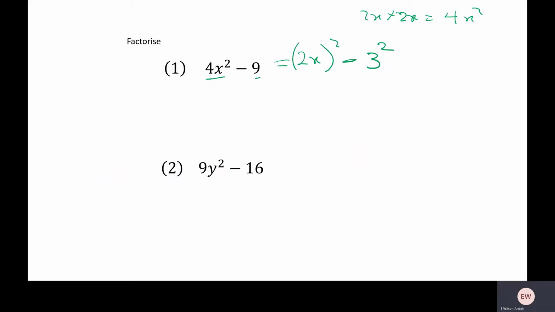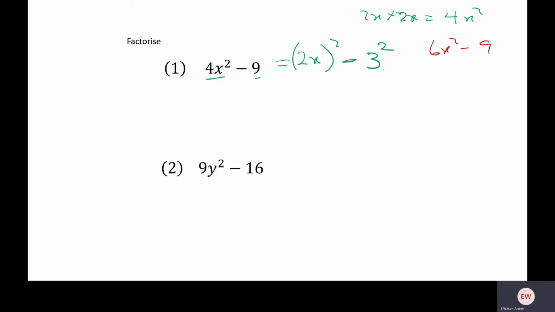So somebody will ask, what about 6x squared minus 9. Is it also difference of two squares? To write this as difference of two squares, now the 6 is not a square number.